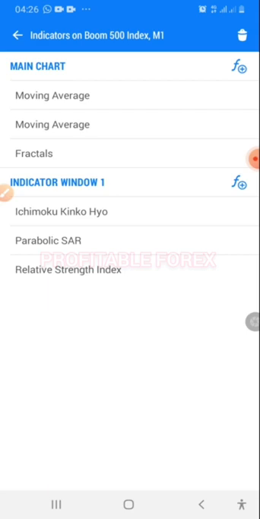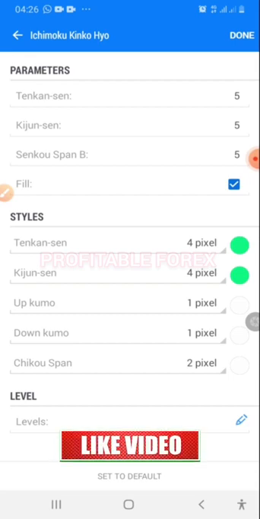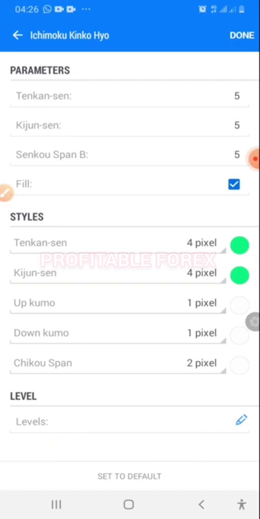On the indicator window we have the Ichimoku. For the Ichimoku we have the Tenkan-sen 5, the Kijun-sen 5, the Senkou Span B 5, and the fill. Make sure you tick the fill. On the styles we have the Tenkan-sen 4 pixel color green and the Kijun-sen 4 pixel color green.